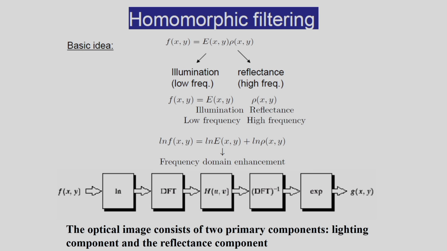One is the lighting component, another one is the reflectance component. The lighting component is the illumination, and the reflectance is nothing but the albedo. The albedo I have explained in my third or fourth classes, that is the reflectance.